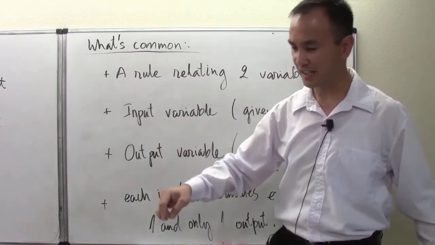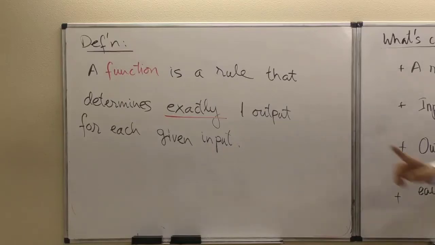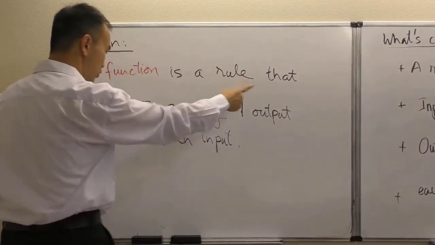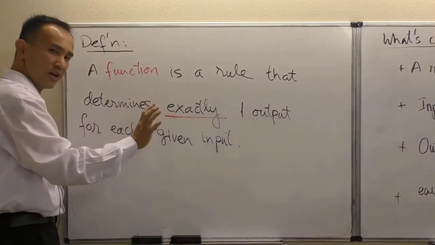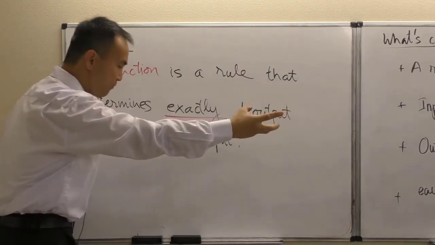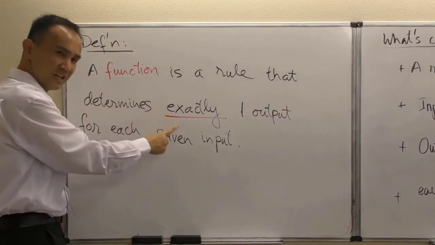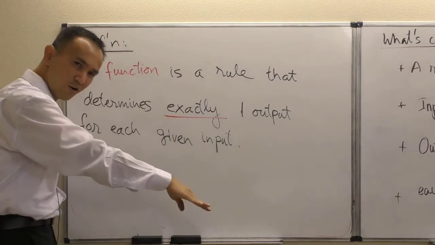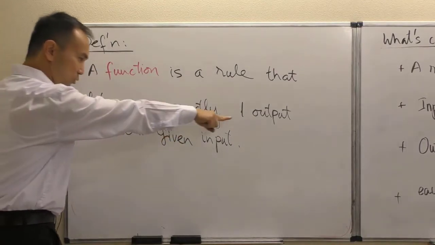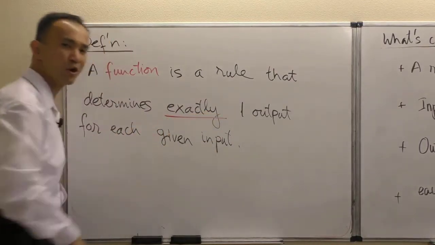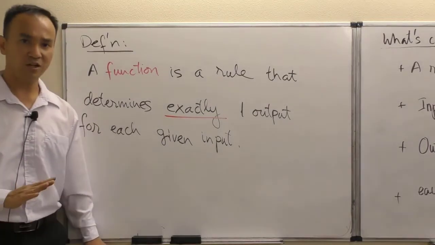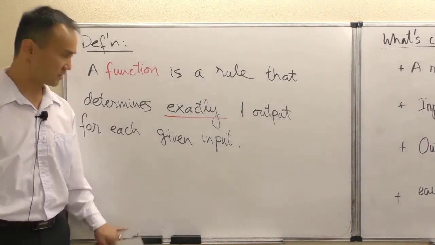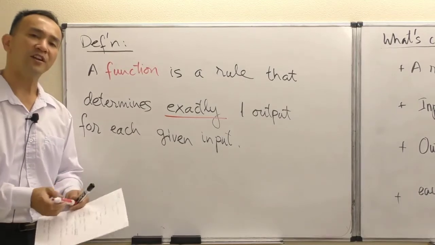A function is a rule that determines the outputs from the inputs, but here's the requirement: exactly one output for each given input. That's how we define what a function is, in one sentence.